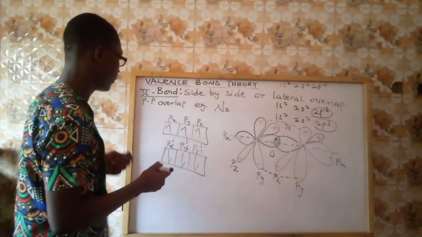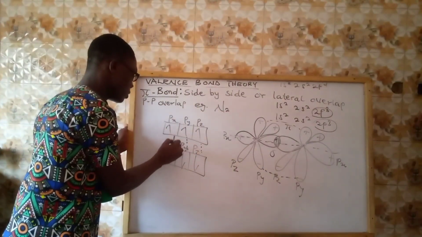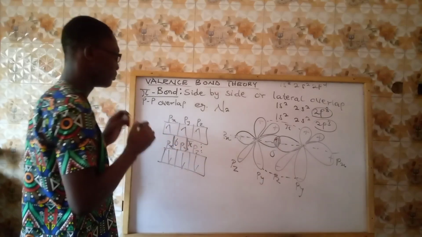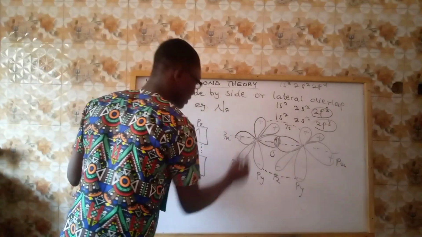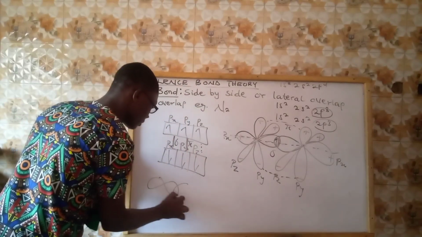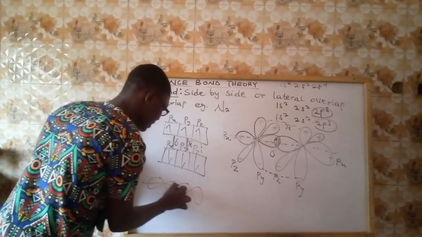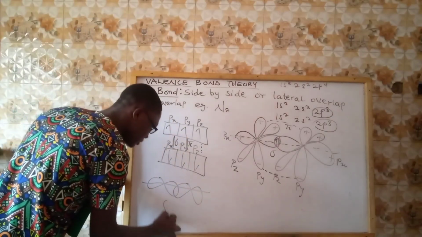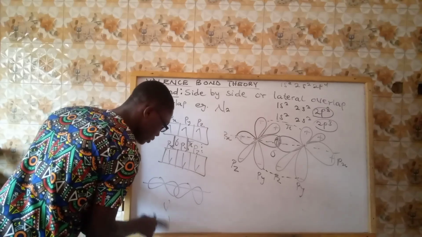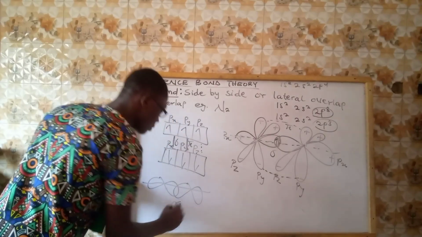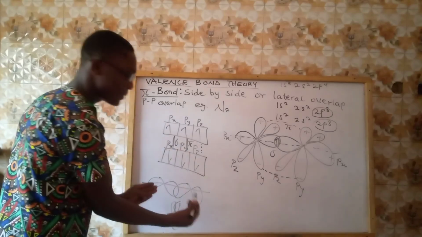For px and px, we have a sigma bond, on the same axis. For py and py, we have a pi bond, because they overlap laterally. They lie side by side.